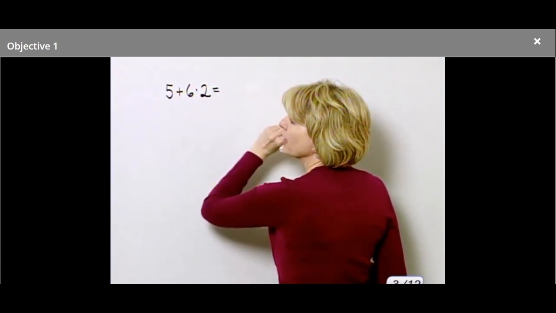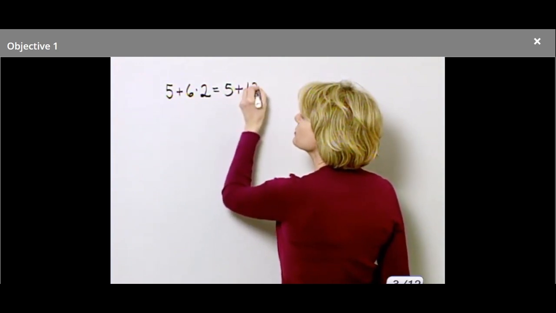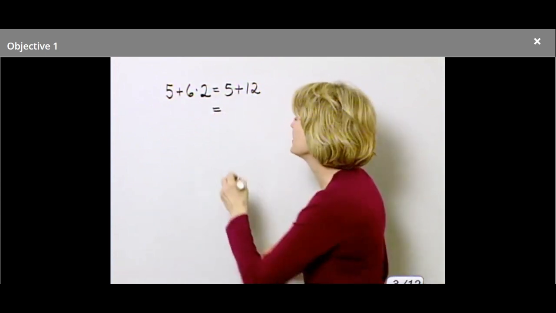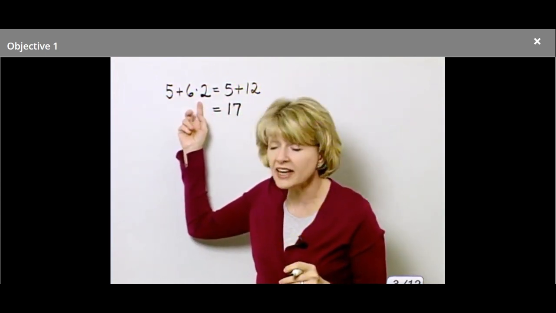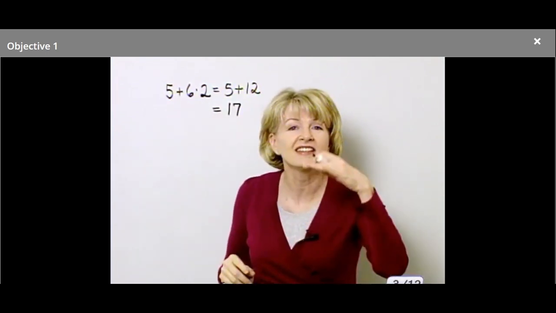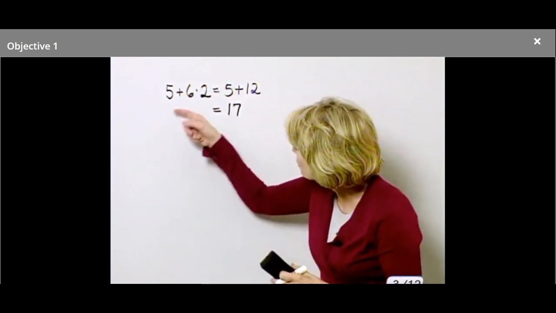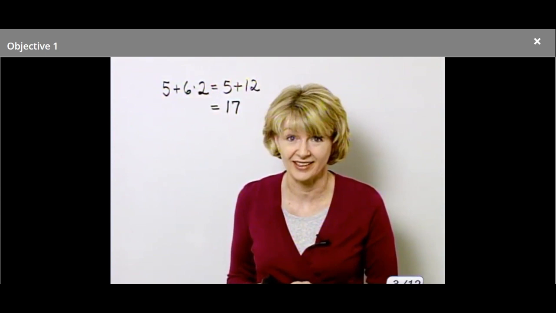So from left to right in order, I'll have 5 plus 6 times 2 is 12, and then we have 5 plus 12, which is 17. In other words, we do perform the multiplication before the addition. It is higher in the order of operations. So we correctly evaluate this to 17 and 17 only.